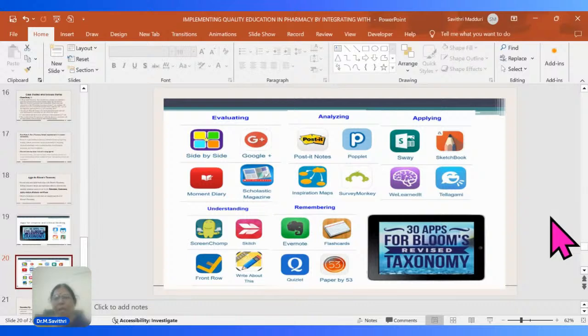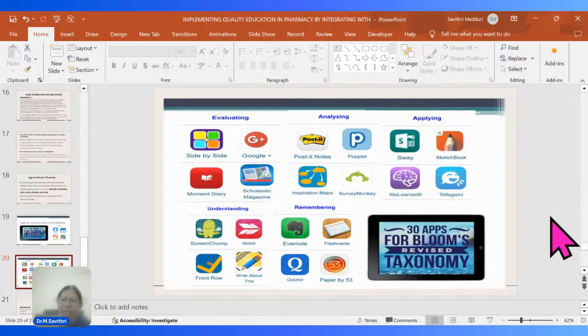When it comes to applying: Sway, Sketchbook, Well Learned It, and Telegami. These are the apps which are used for applying in our regular work. For understanding and remembering: Screen Chomp, Sketch, Front Row, Write About This, and Evernote, flashcards, Quizlet, and Paper by 53.